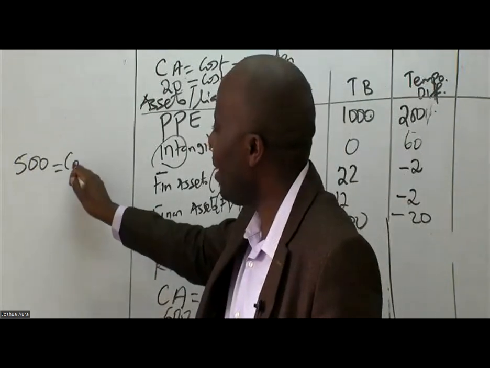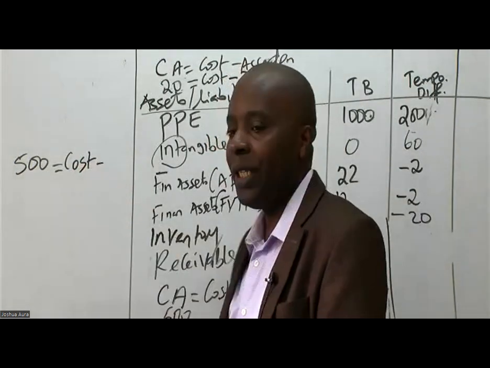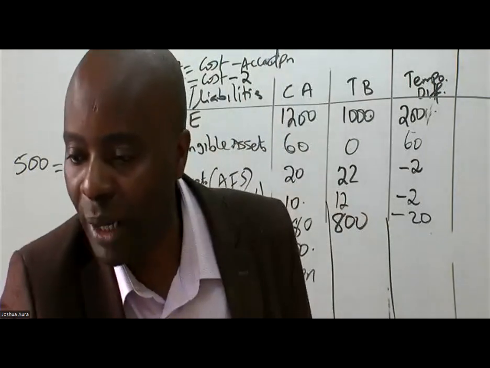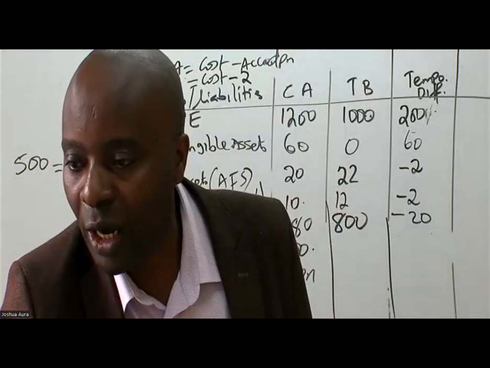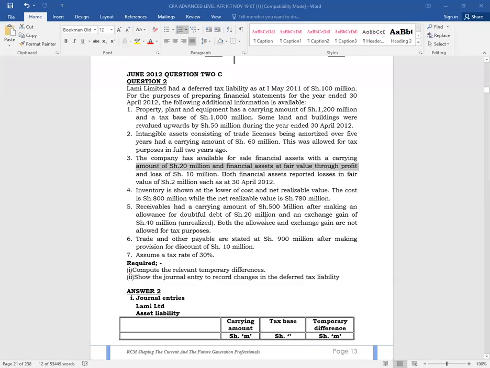But they have given me some losses. There is a loss. The receivables have a carrying amount of 500 million after making an allowance for doubtful debt of 20. So this is a loss of 20, minus 20, which reduces the cost here.